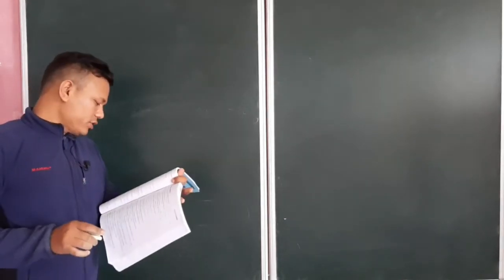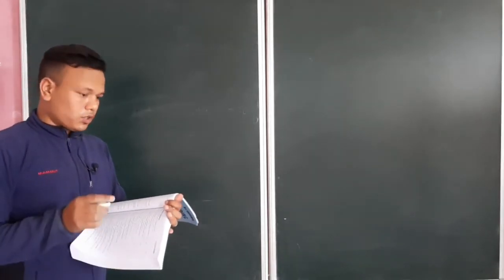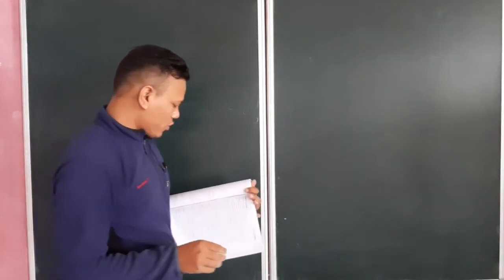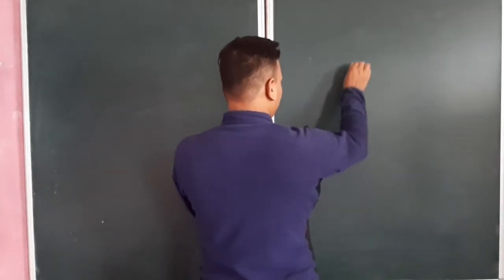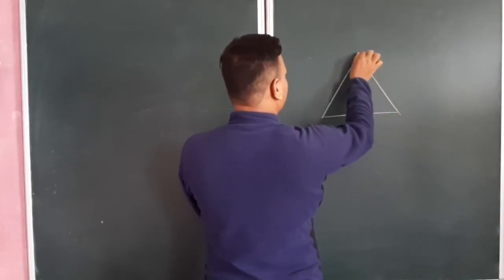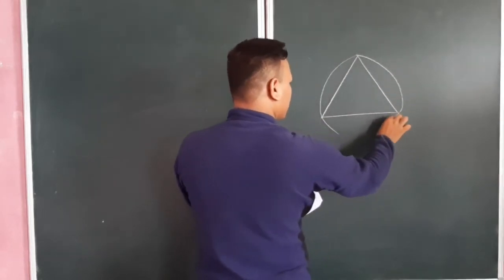Okay, so the next question is question number 15. I'll just give you the hint. The question says, find the equation of the circle circumscribing the triangle formed by the lines. So there's a triangle and a circle circumscribing this given triangle.